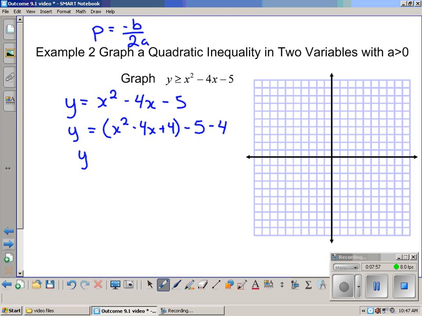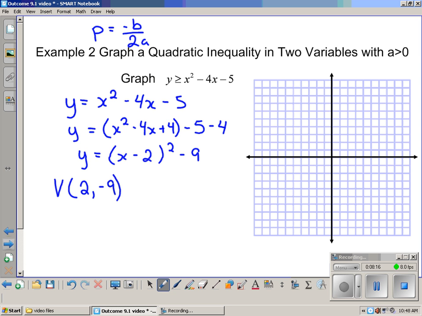And so I end up with y equals, that trinomial will factor into x minus 2 squared, and negative 5 minus 4 is negative 9. This tells me that my vertex is the point 2 and negative 9.